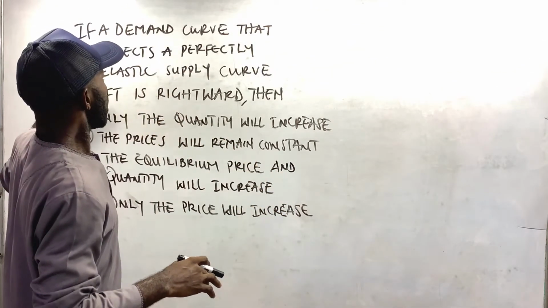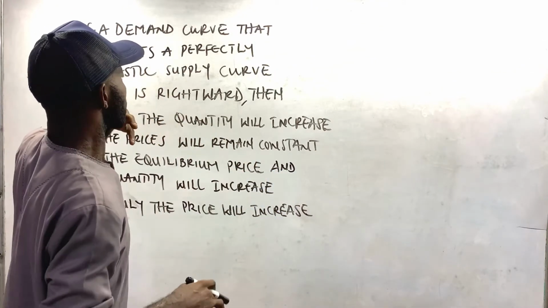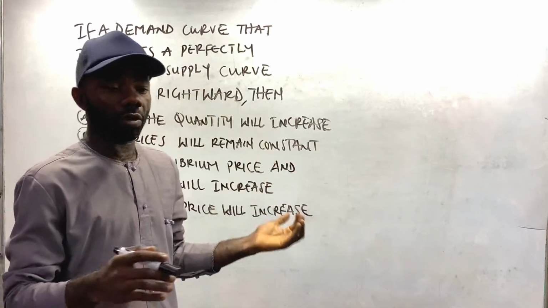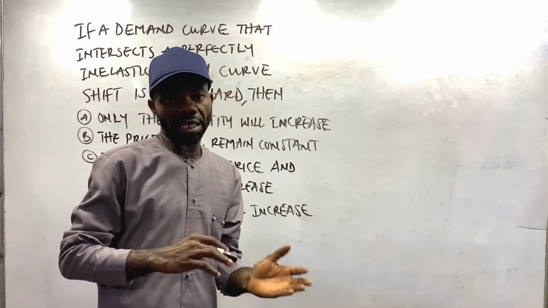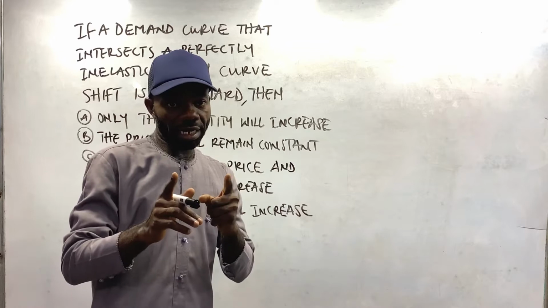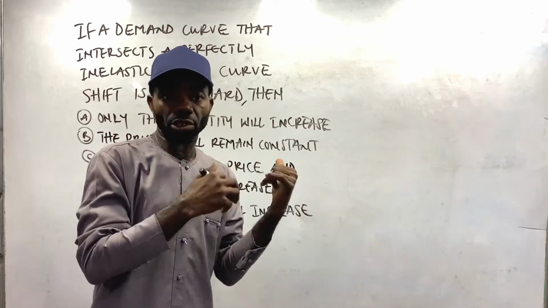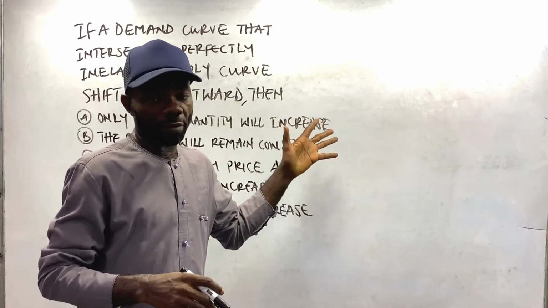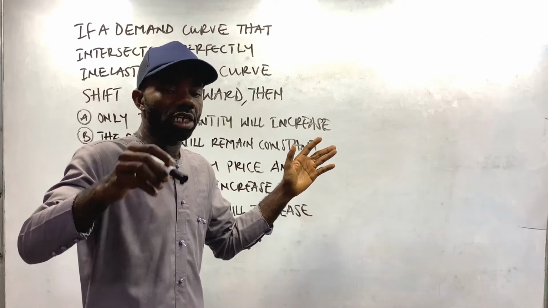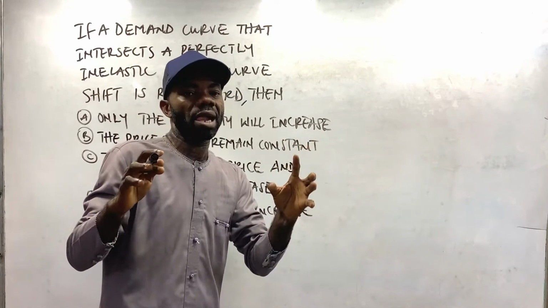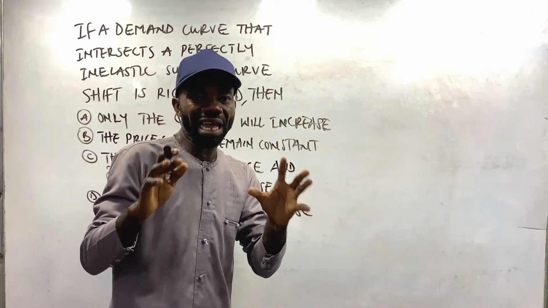Now, this question is a question from the topic, effect of changes in demand and supply on equilibrium price and quantity. Now, don't forget that we have this topic online. So if you've not checked our video on that topic, you need to go and watch it so that you can get a good knowledge of all the 16 cases that were comprehensively explained.